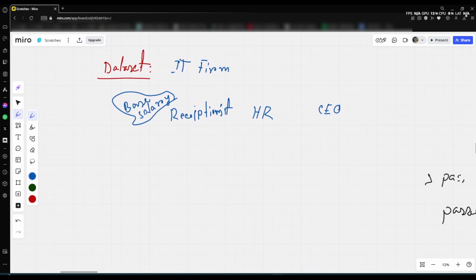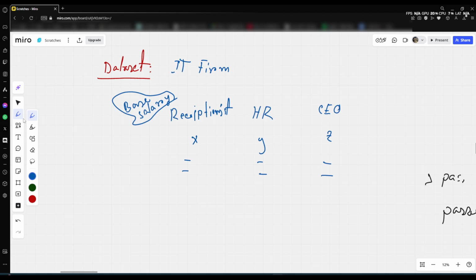So let's say this is X, Y, Z, and so on. There could be many more people, of course there are. And let's just say we have 3 columns representing the base salary of the receptionist, HR, and accountant, CEO.